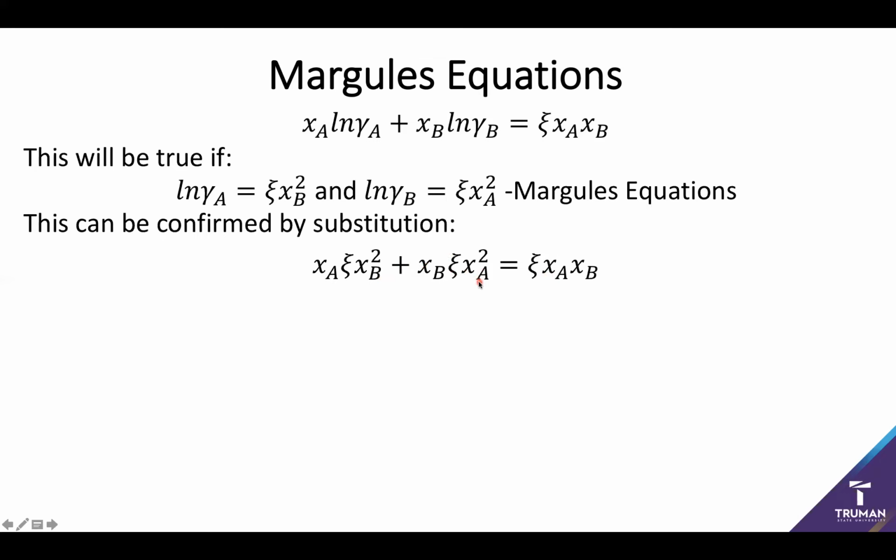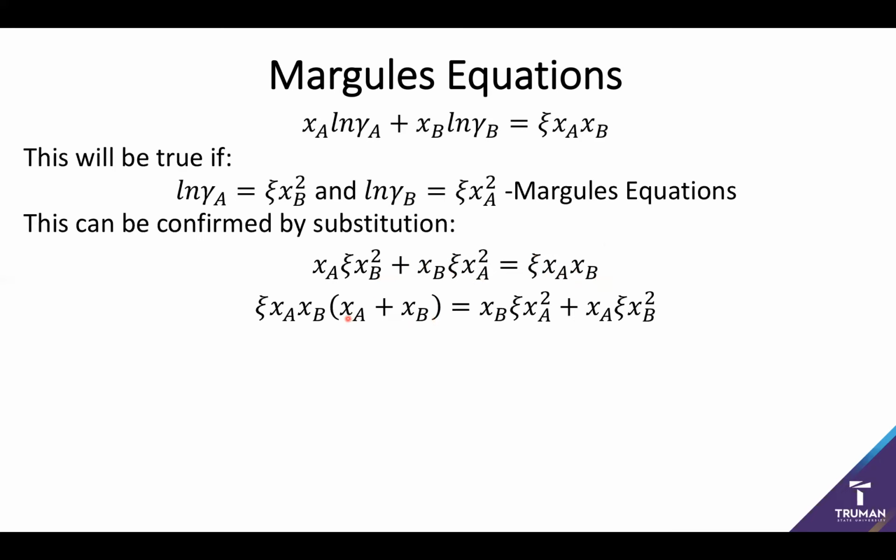So what I can actually do is I can take this expression on the right, and I can multiply it by 1. Most notably, the form of 1 we're going to make use of here is the mole fraction of A plus B, which for a two-component system should always yield a value of 1.